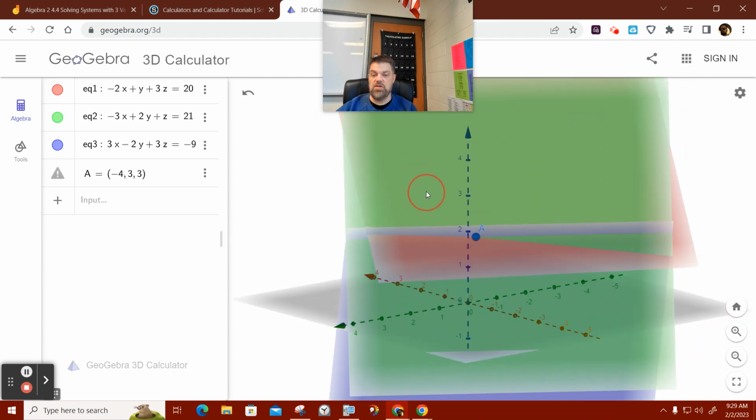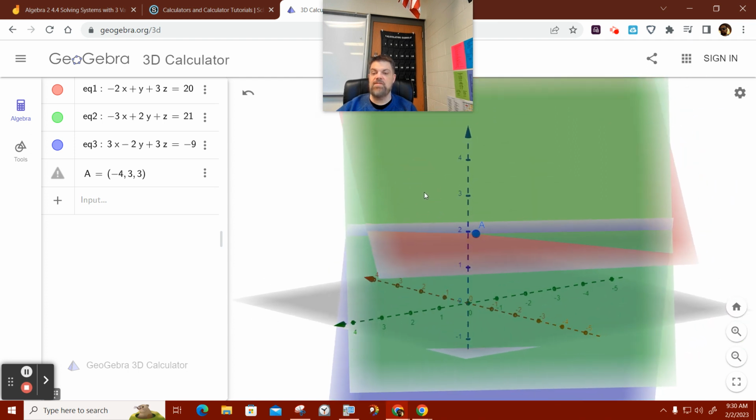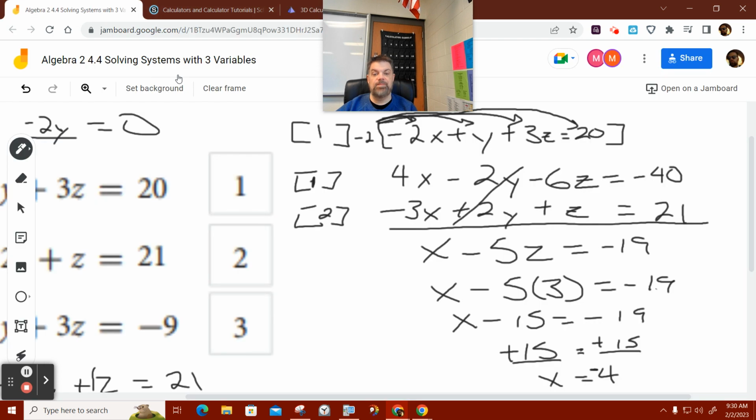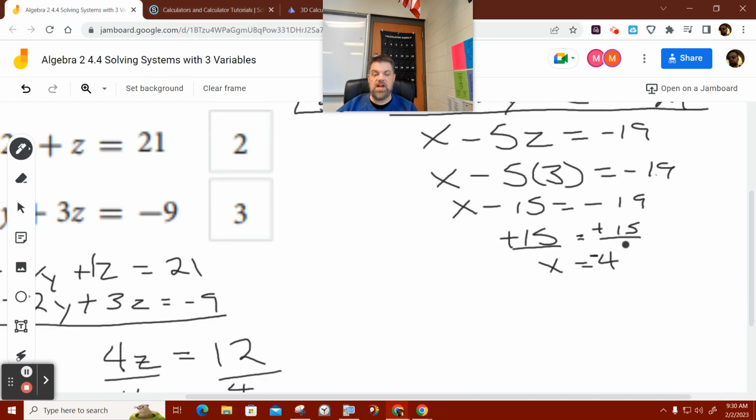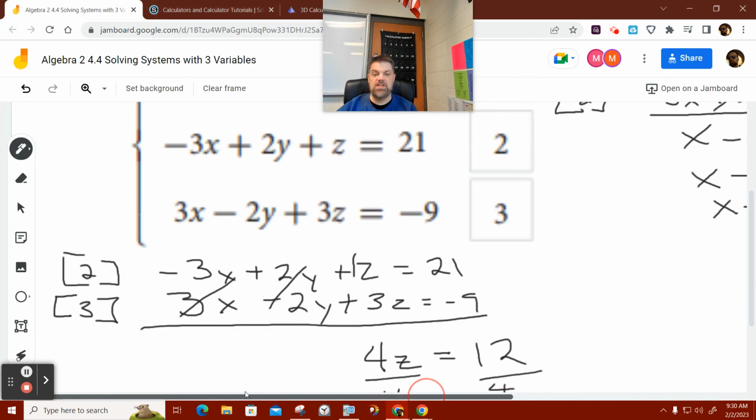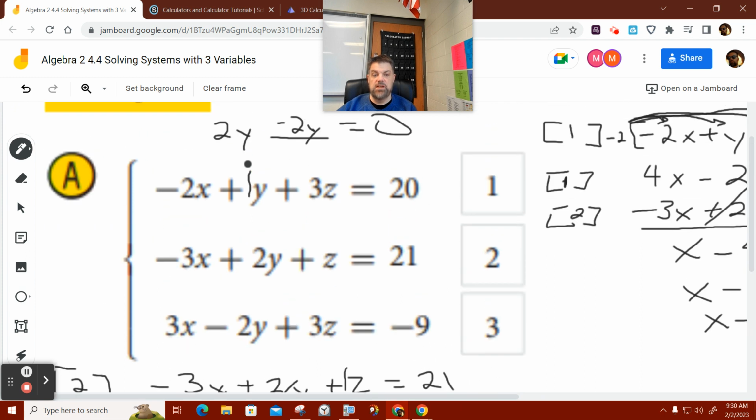If you were to guess, what do you think the y value is going to be? Positive 3, right? So let's check and see. To find y, I can use any one of these equations and plug in my x value and my z value and solve for y. I'm going to choose equation 1 because y is already by itself, as pointed out earlier.